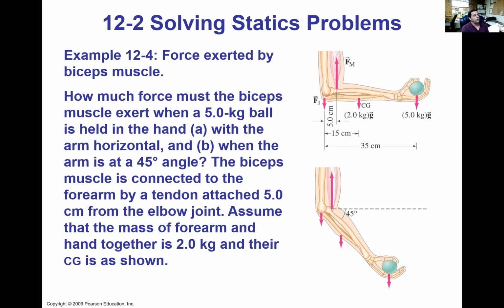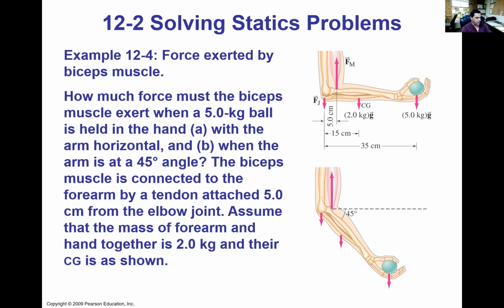Okay. So the force exerted by a bicep. How much force must a bicep muscle exert on a 5 kilogram ball held in your hand, at first with the arm held horizontally, and then B when the arm is at a 45-degree angle. The bicep muscle is connected to the forearm by a tendon attached 5 centimeters from the elbow joint.